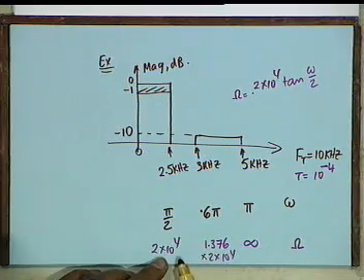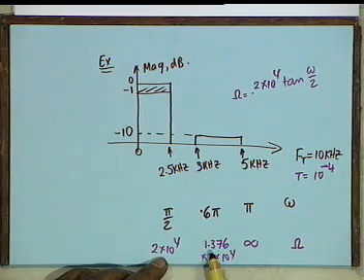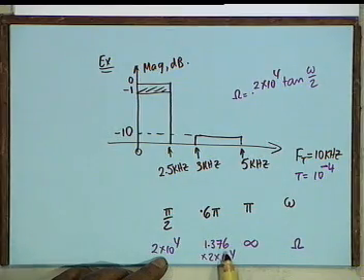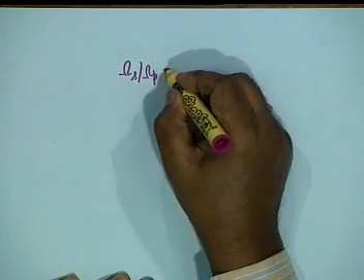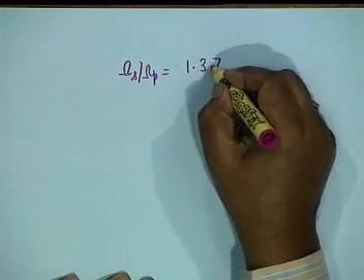In other words, for the analog filter, the transition ratio is now known, it is 1.376. That's sufficient to design the filter. So my omega s by omega p is equal to 1.376.